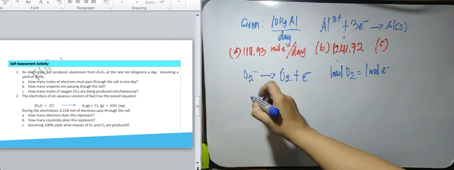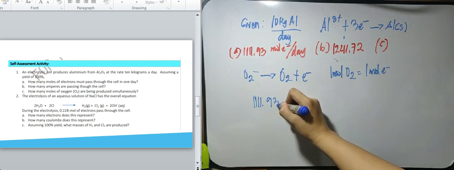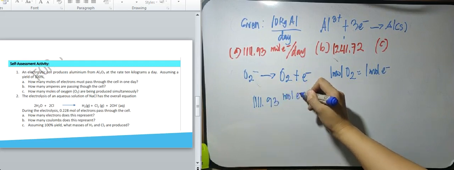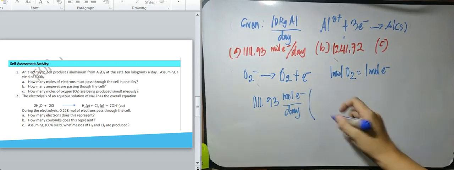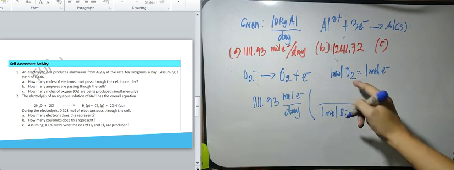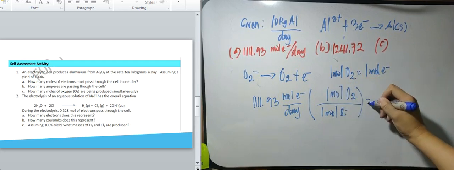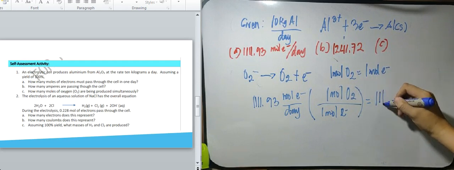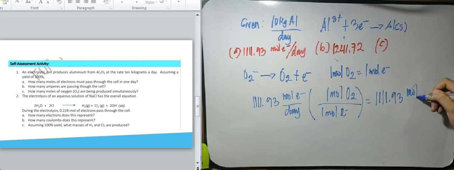So we can use this value, 1111.93 mole electron per day. In 1 mole electron, we have 1 mole oxygen. We have 1111.93 moles oxygen per day.